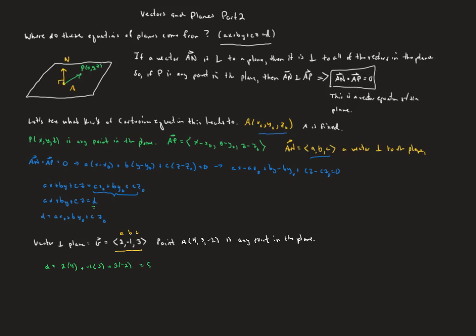And so that's going to be, it looks like 8 minus 3 minus 6, so that's going to be a negative 1. So that is our value of D.